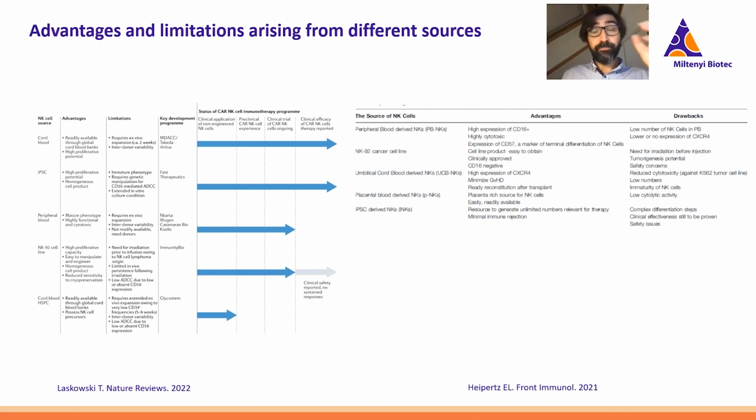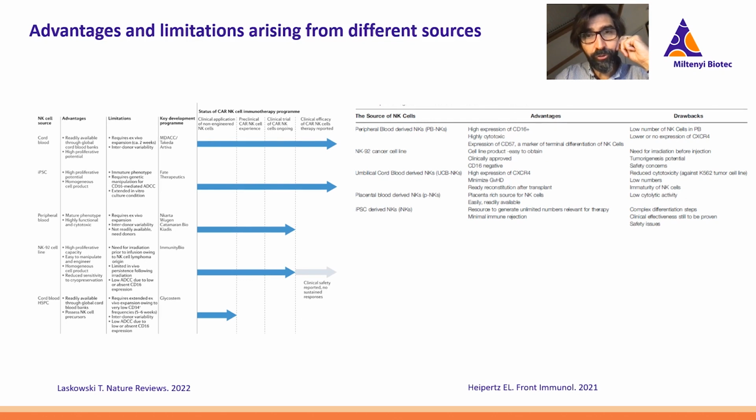For example, in this slide we can see the advantages and limitations when we obtain NK cells from peripheral blood, from cell lines such as NK92, from iPSC cells, or from cord blood cells. Most of the differences: if we use peripheral blood, most of our cells are CD16 positive.